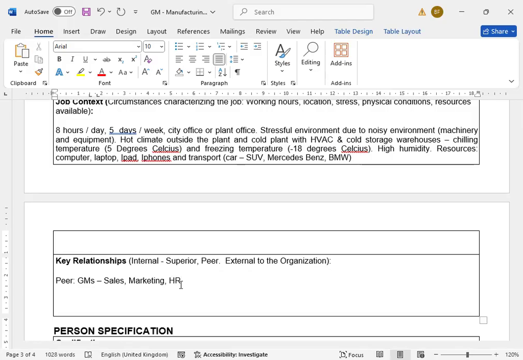They have general managers also, and many other GMs. Then your superiors: of course, there are two superiors. One is the chief executive officer, and the other is the chief operating officer.